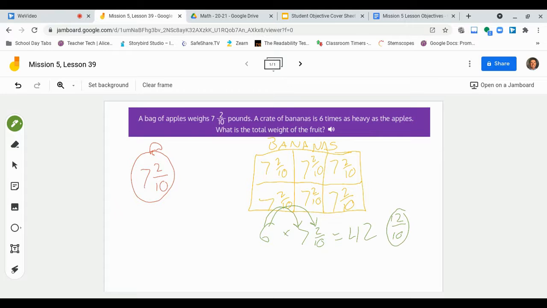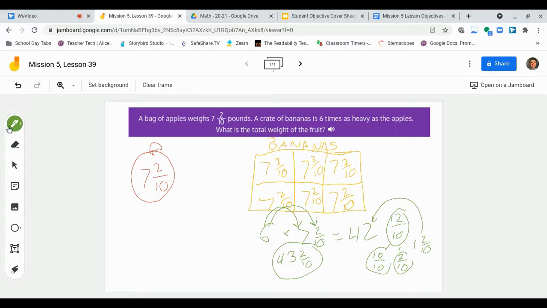I can't leave it alone because it's improper. I have to rename it. So I have a whole there with 2 left over. So that's the same as 1 whole and 2/10 that I just need to combine now with that 42 that I had. So 42 plus 1 2/10 is, well, 42 plus 1 is 43 2/10. Okay, so I figured out the bananas weigh 43 2/10 of a pound.